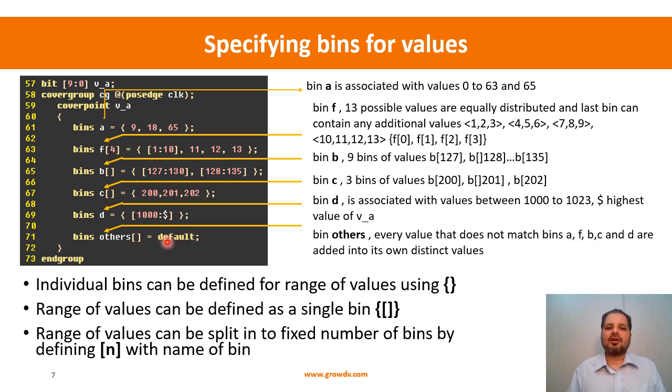What this one does is that any values that do not belong to the ranges I have defined will be captured as part of others, and you will be able to see them in the coverage report, but they won't be utilized for the coverage calculation.